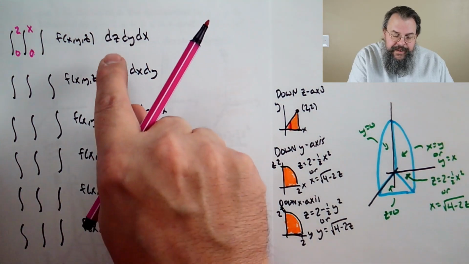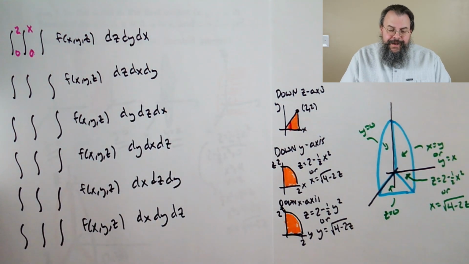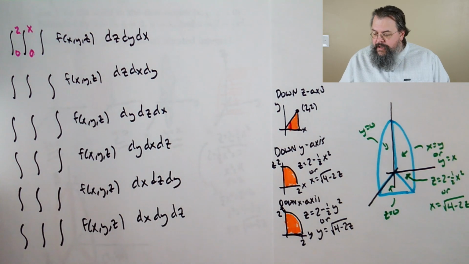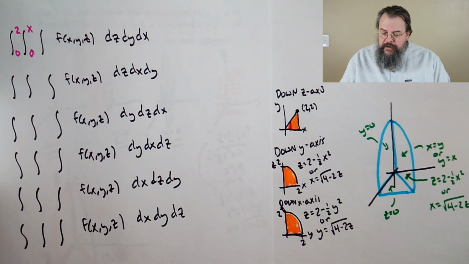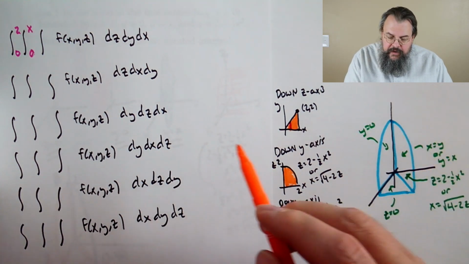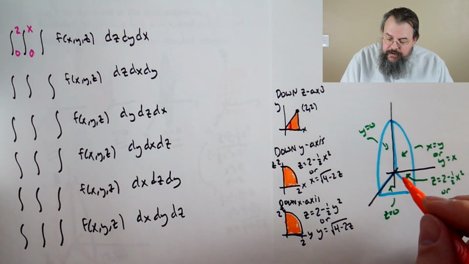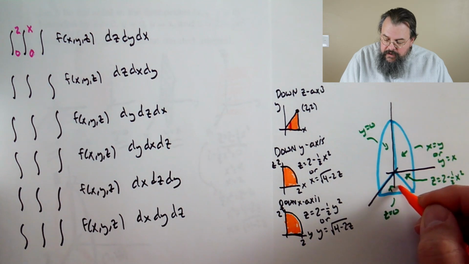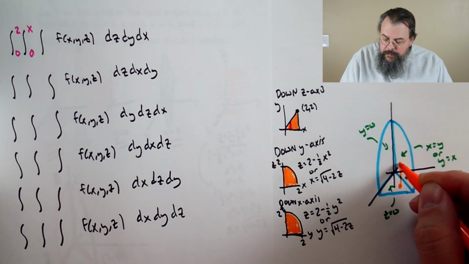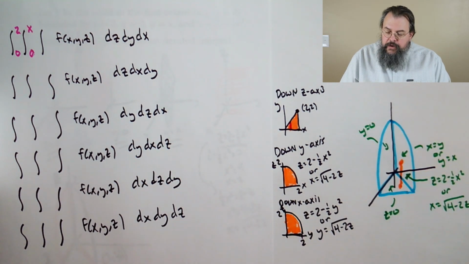Now, what is dz? Well, for dz, we say, okay, think about the picture. That says, for dz, I'm moving in the z direction. So I'm going to move up and down. So we say, okay, we're going to start down here and move up there. So we're going to go between two surfaces.